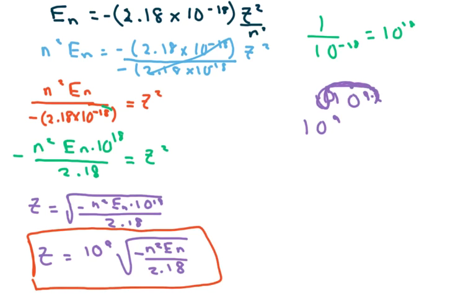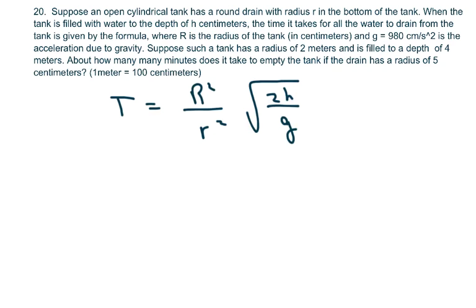All right. We have one more, and this is the griddable. The variables in the formula are defined in terms of centimeters. To convert each of the tank's dimensions to centimeters, we have to know that 1 meter equals 100 centimeters.